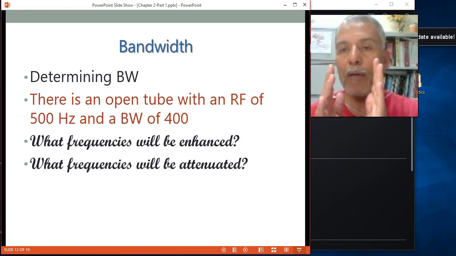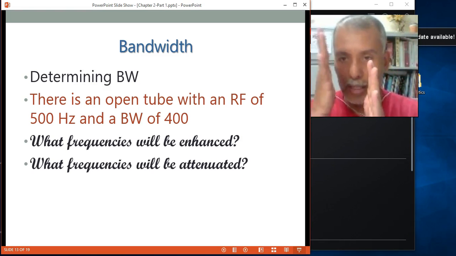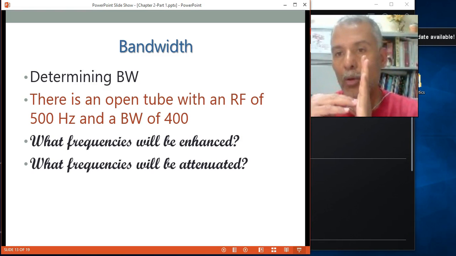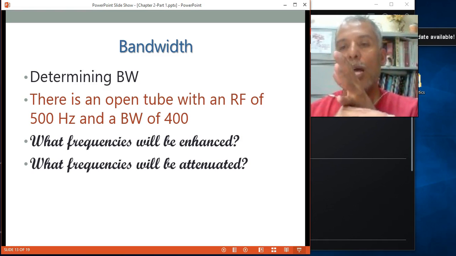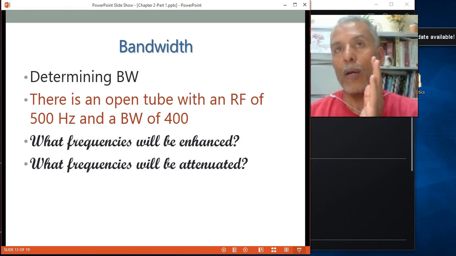So you take that 500 and say, okay, this is the whole thing. I'm going to split it. 200 will be lower, below the 500, and that will be 300. That will be the end where no amplification will happen before that. And then on the other side, to 500 you add 200 more.